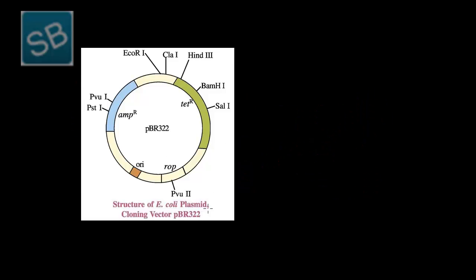This figure depicts the structure of an E. coli plasmid, that is pBR322. As can be seen from the figure, this plasmid carries a specific origin of replication, represented by ORI, then antibiotic resistance genes, that is ampicillin resistance represented by AMPR, and tetracycline resistance represented by TETR.